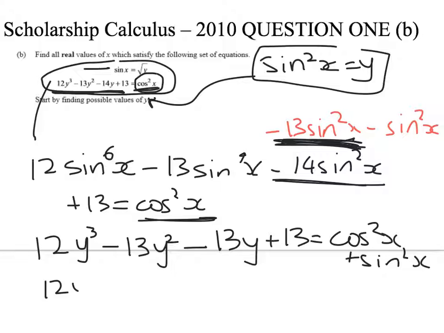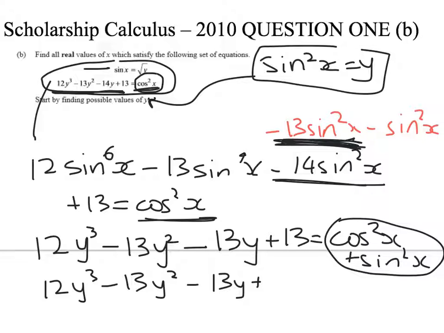So that means that now I've got 12y cubed minus 13y squared minus 13y plus, well if this is 1 here, then I've got plus 12 equals 0. Now suddenly that equation doesn't look too hideous at all.